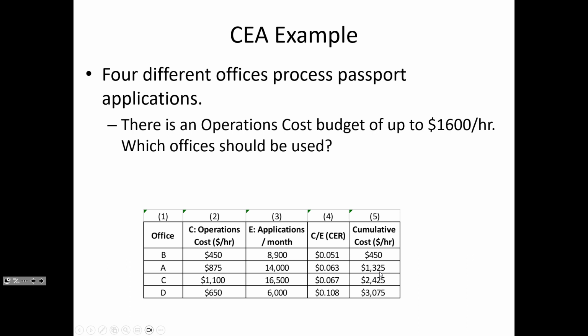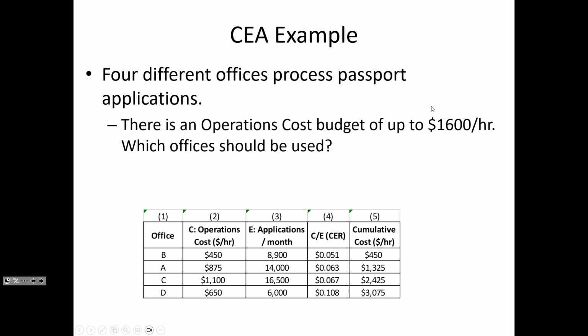So then the total cumulative cost for having both offices open is $1325. If we add Office C, you can see that the cost goes up to $2425. If we add Office D, then the cumulative cost for having all 4 of the offices in operation is $3,075.